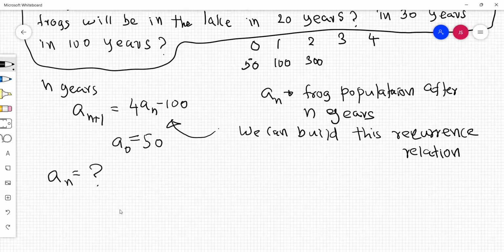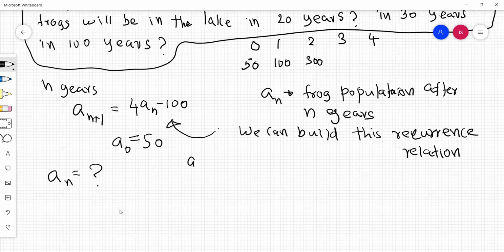No, sir. If we take it with that 100, it's hard to find. It comes like x to the power n plus 1 is equal to 4x^n minus 100.